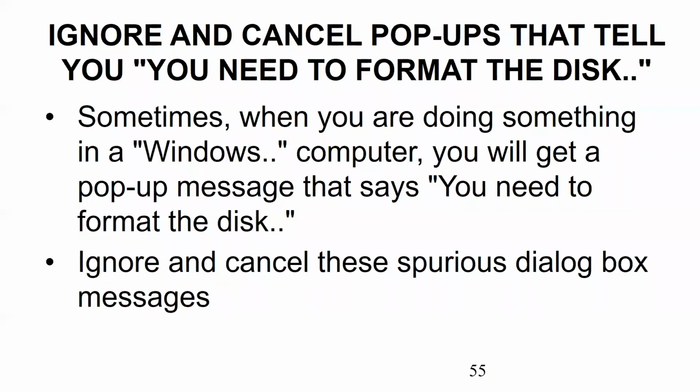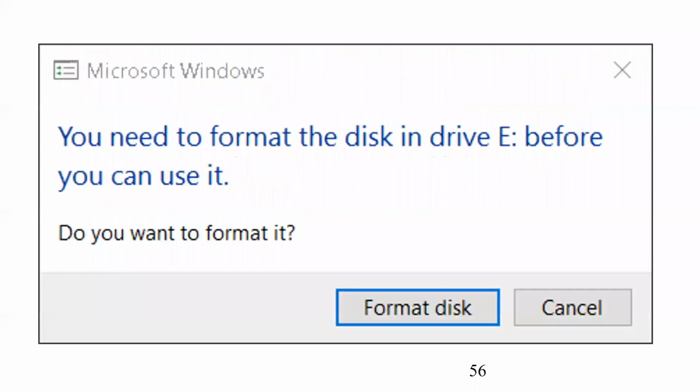Okay? Now, here's another thing I want to tell you about. If you have a pop-up that looks like this, I see this all the time when I'm running various software for fixing hard drives, and when I get into disk management inside Windows, the control panel, or when I get into the Windows To Go applet, which is part of Windows for Windows 8.1 and higher, it pops this up.